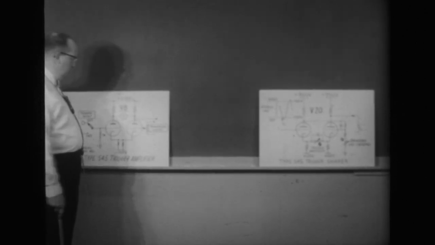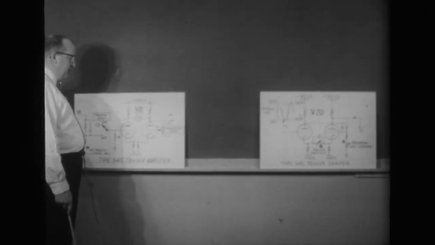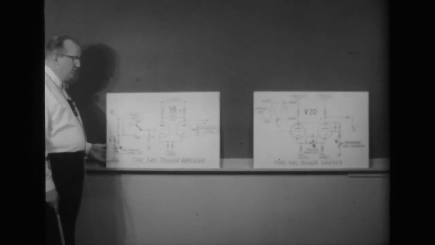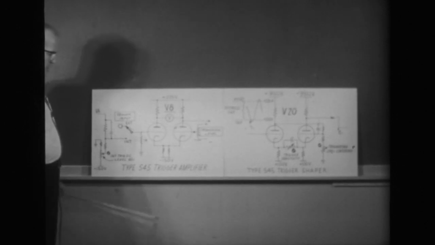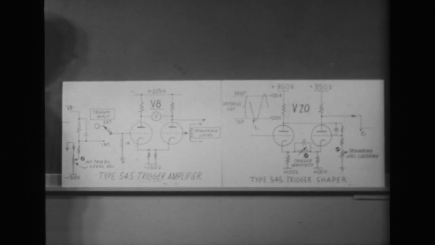Now let's add the trigger amplifier circuit to the basic trigger shaper circuit previously discussed. Since we want trigger information to be fed into the trigger circuit and cause the generation of a sawtooth or a trace across the cathode ray tube, and we want trigger information to be handled at or about ground level, about 0 volts.